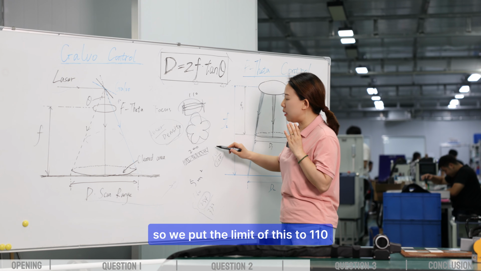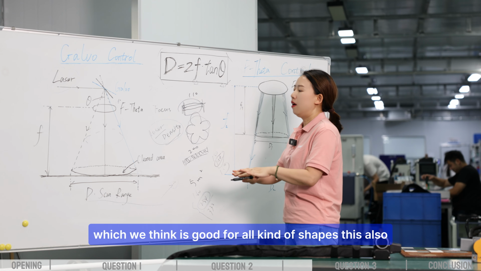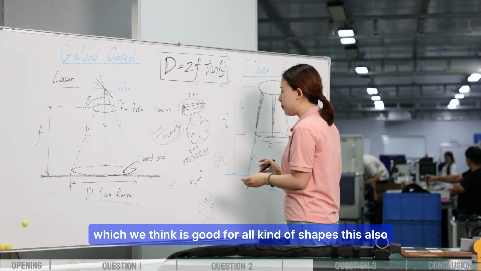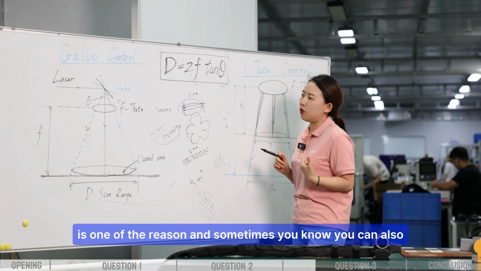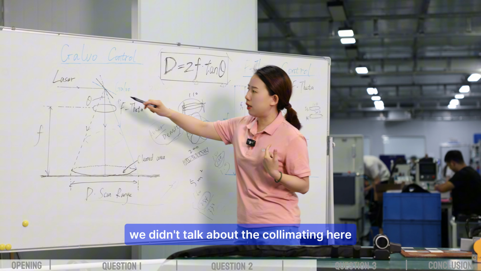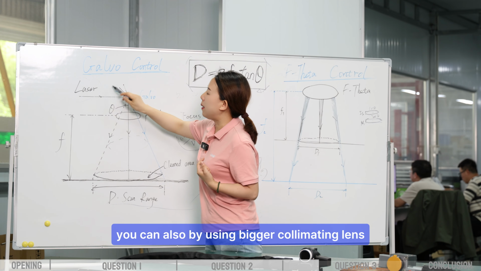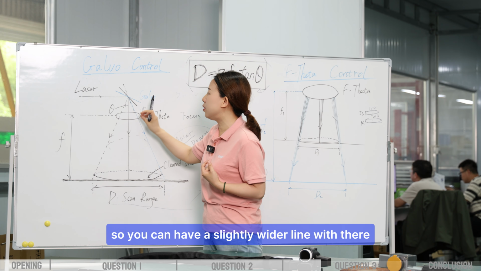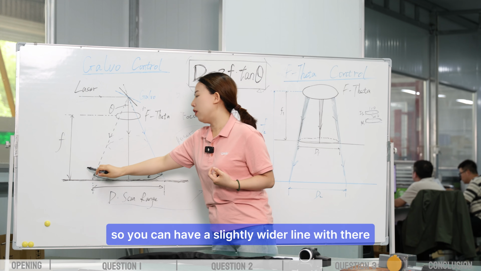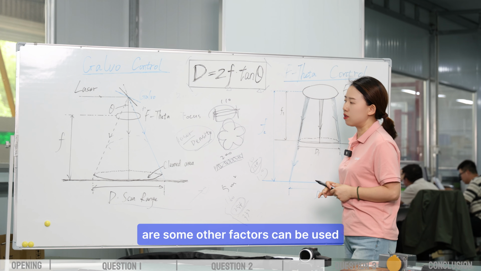So we put the limit at 110, which we think is good for all kinds of shapes. This is also one of the reasons. And sometimes, we didn't talk about the collimating here, by using a bigger collimating lens, you can get a smaller laser beam, so you can have a slightly wider line width. There are some other factors that can be used.